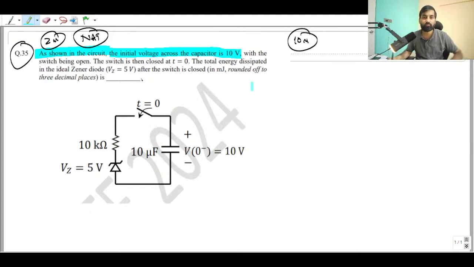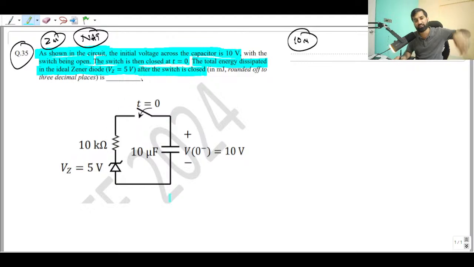Understand? And the switch is open already, right? Now the switch is closed at t equal to 0. The total energy dissipated we have to find in the Zener diode, and Vz is 5 volt after the switch is closed. The moment the switch is closed, we have to find the total energy dissipated in the ideal Zener diode.